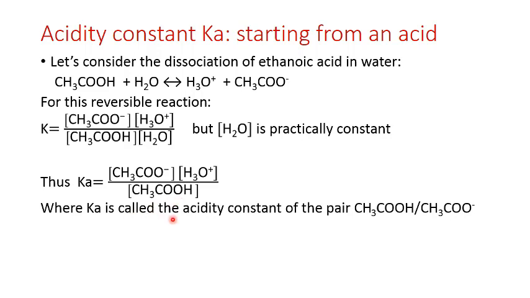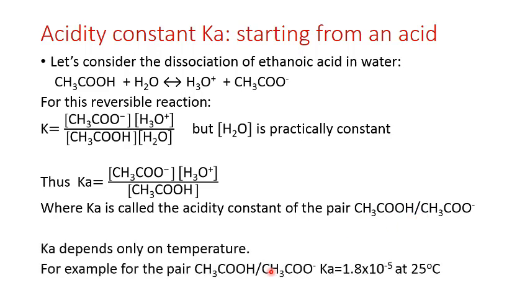Ka is called, as I said, the acidity constant of the pair CH3COOH, CH3COO minus. As usual, Ka depends only on temperature. For example, for this pair, Ka equals 1.8 times 10 to the power minus 5, definitely at 25 degrees Celsius.